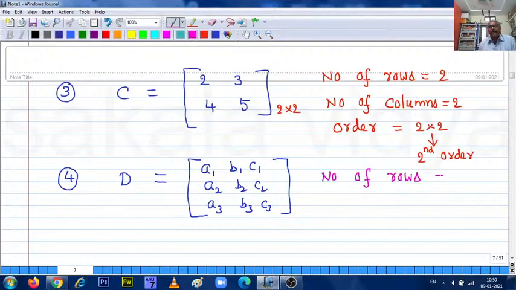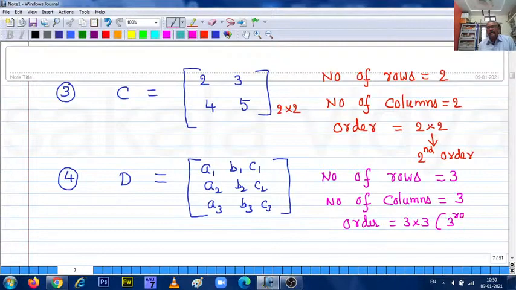Number of rows is equal to 3. Number of columns is equal to 3. Now order is equal to 3 by 3. Very good. This is also called third order matrix. So we write 3 by 3. Its order is 3 by 3.